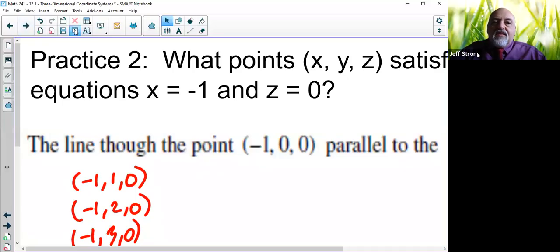All right. What points x, y, and z satisfy the equations x equals -1 and z equals 1? So if x equals -1 and z equals 0, then you can imagine like this point would satisfy it, and this point, and this point.